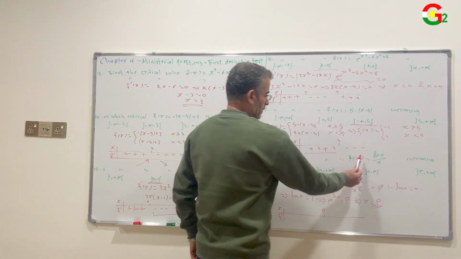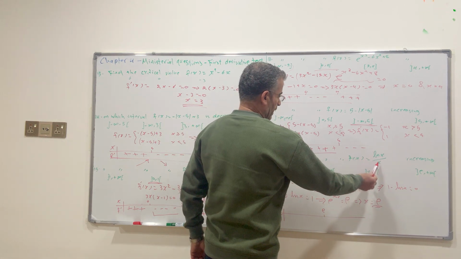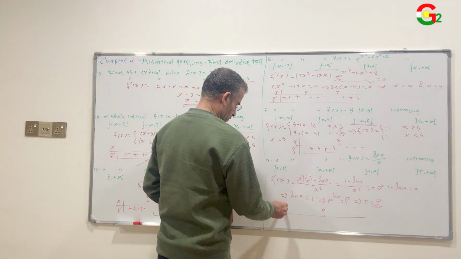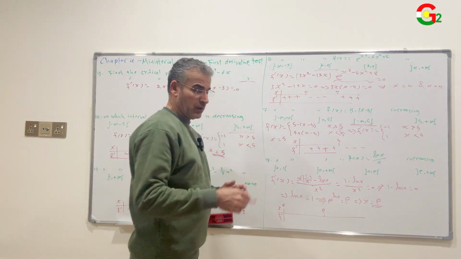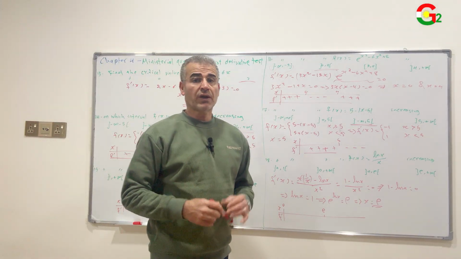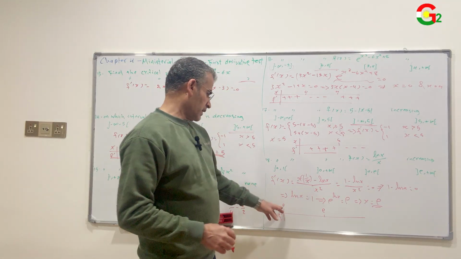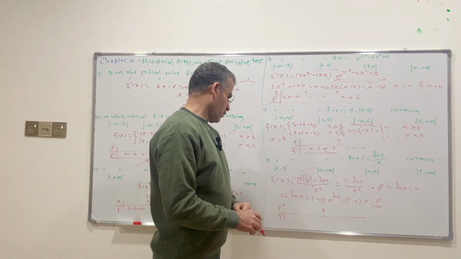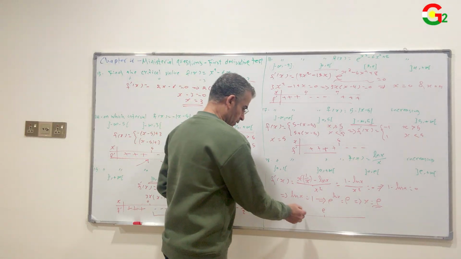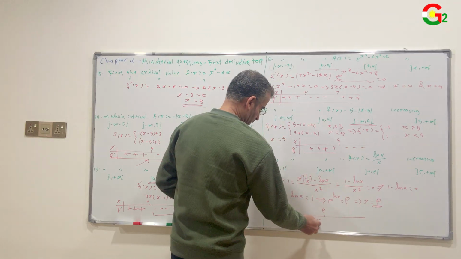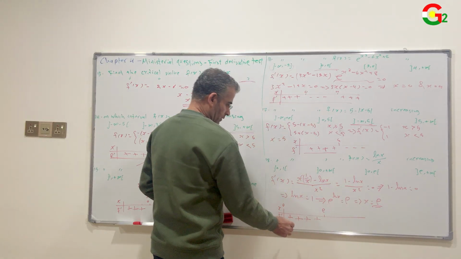since the function is f of x equal ln x over x, the domain starts from 0, since ln is defined for values greater than 0. Therefore, we start from open interval 0. Take 1: ln 1 is 0, 1 over 1 positive value.